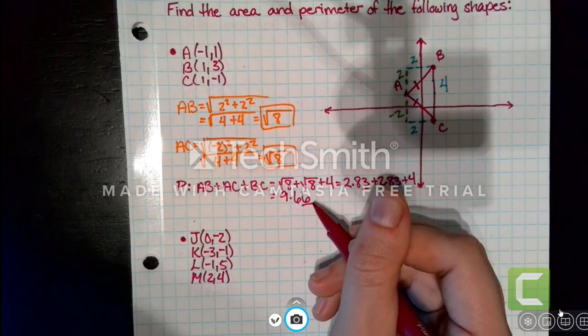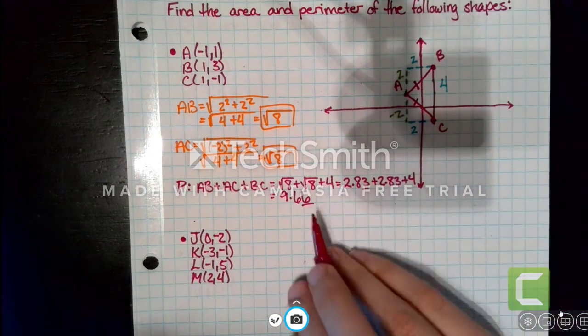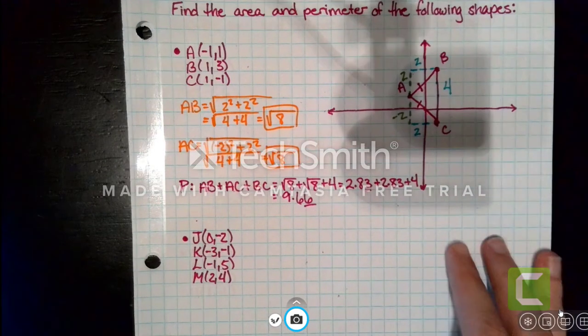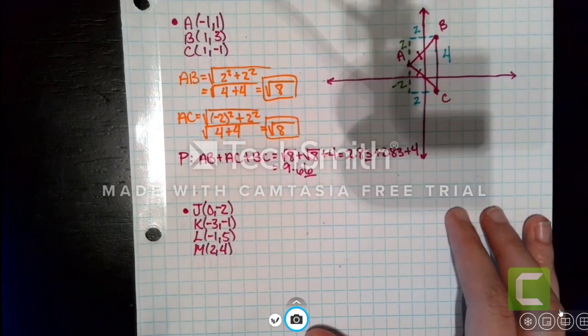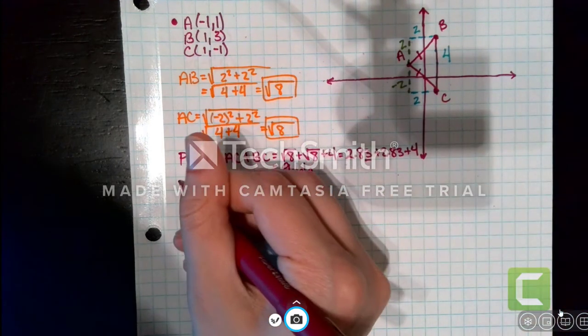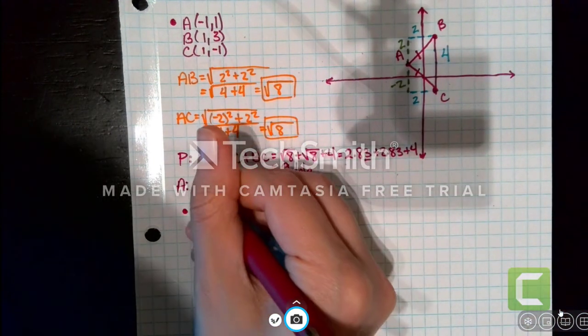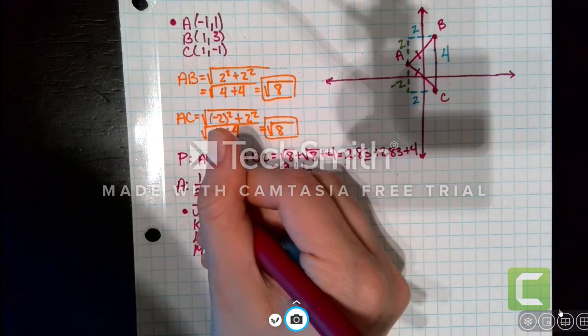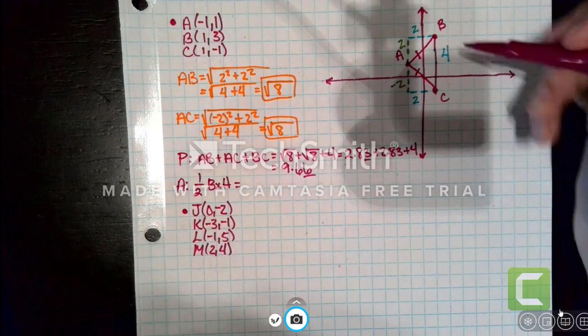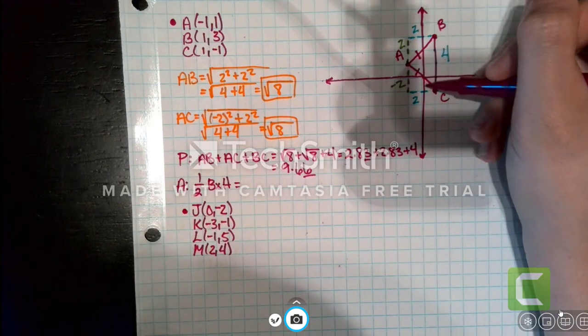Now, notice how we were not given units for this. If you are not given units, you do not need to include it in your perimeter or area. Let's end with the area formula. So for the area, we can do 1/2 base times height. Now in this case, I want to avoid working with these radical measurements.